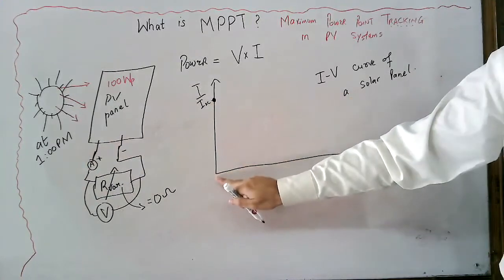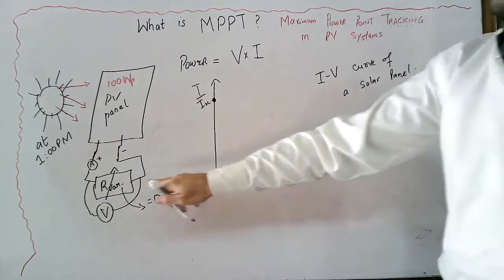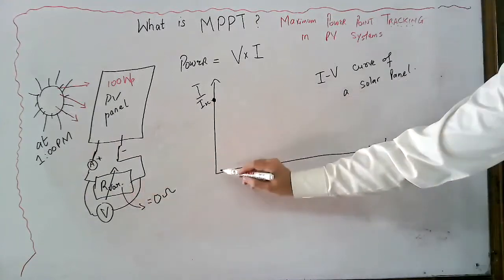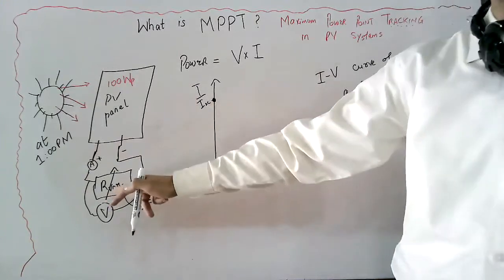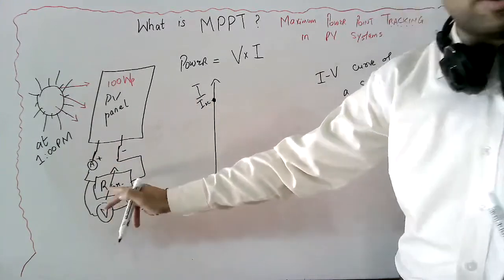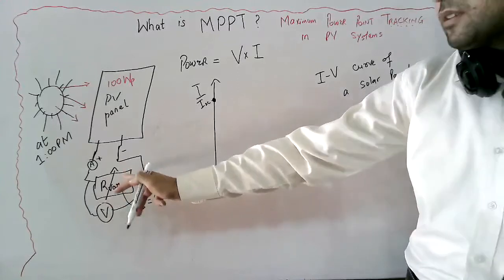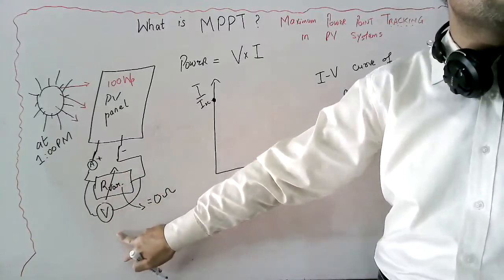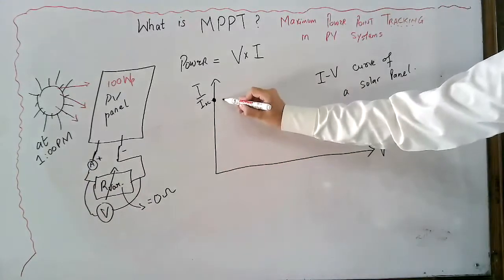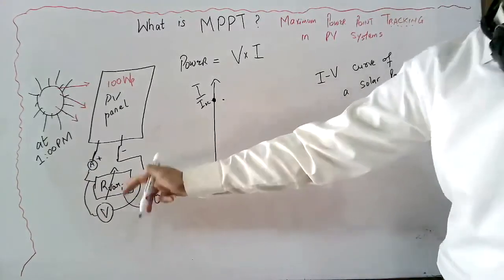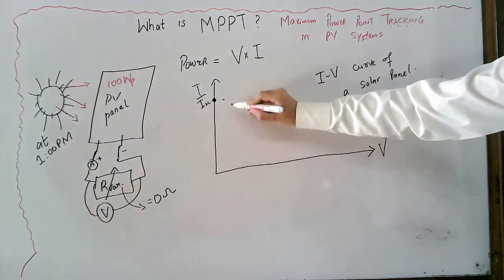First you have zero resistance, then you keep on increasing the resistance. What happens if you increase a little bit of resistance? There will be a voltage drop. Resistance is low, the voltage drop is less, but the current will be high. Now you further increase the resistance.